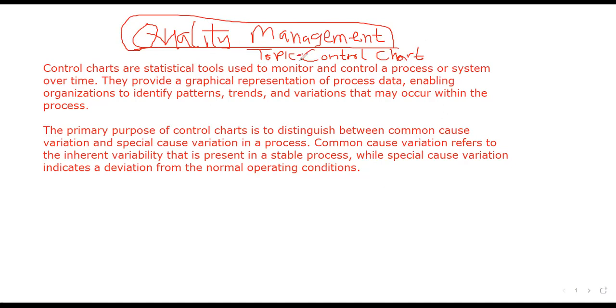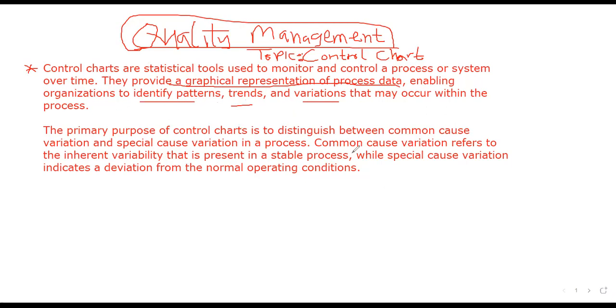Control charts are statistical tools used to monitor and control a process or a system over time. They provide a graphical representation of process data, enabling firms or organizations to identify the patterns, trends, and variations that may occur within the process.